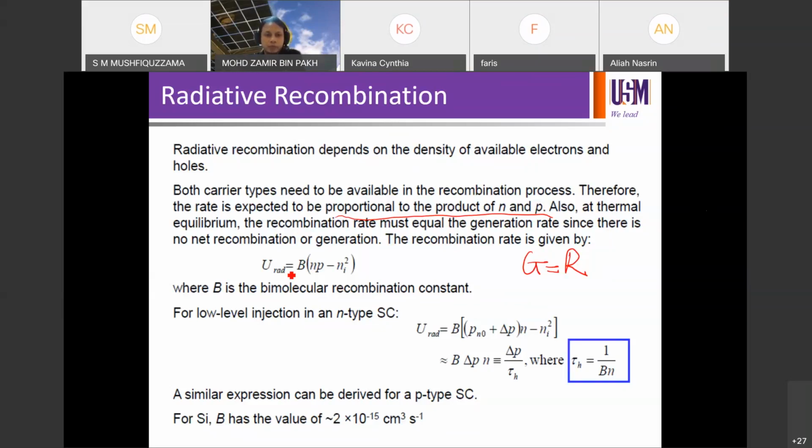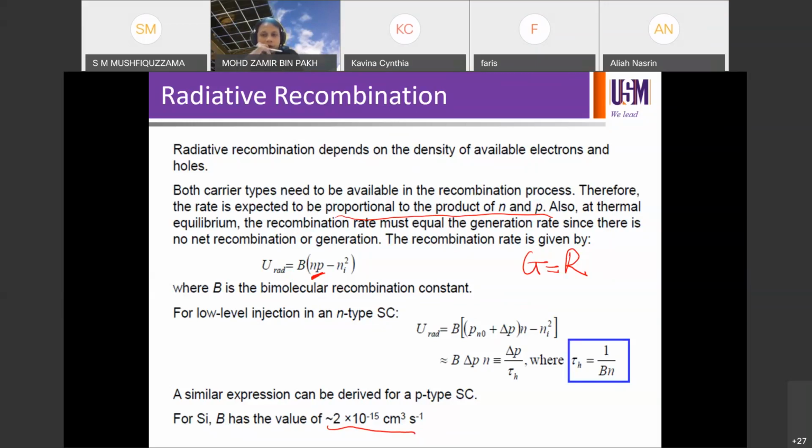Okay, np is the density of electrons and holes, minus ni squared. So the recombination constant here is 2 times 10 to the power of minus 15 centimeter cubed per second.